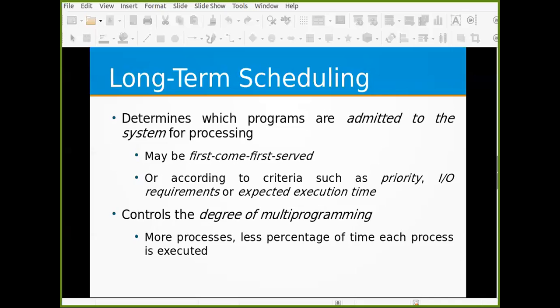In fact, not only processor time, but also memory. Depending on the memory that is available, you also need to decide whether you should allow a new process to be created. Have you ever observed in your system, when you are working, sometimes you try to open an application, but if your system is heavily loaded, it denies. It won't allow you to open that. Have you observed this?